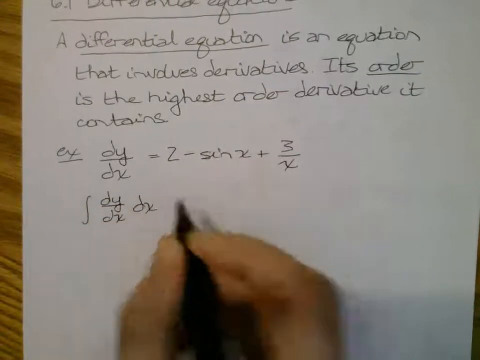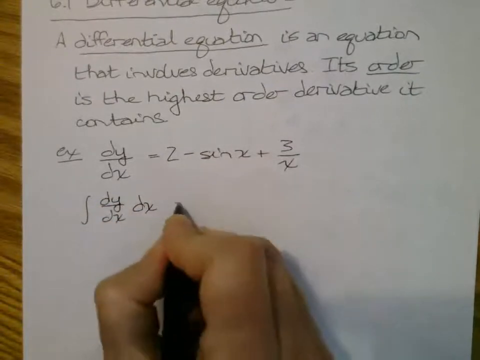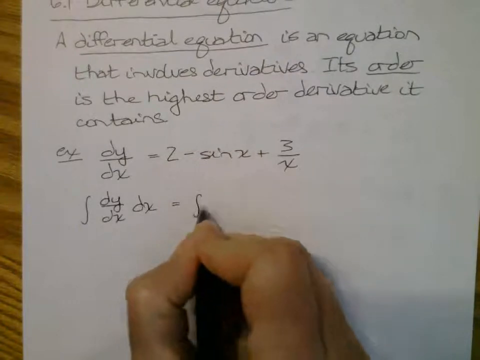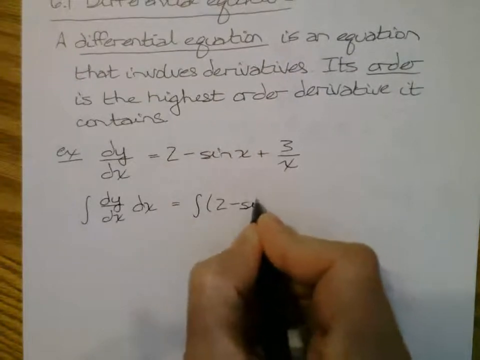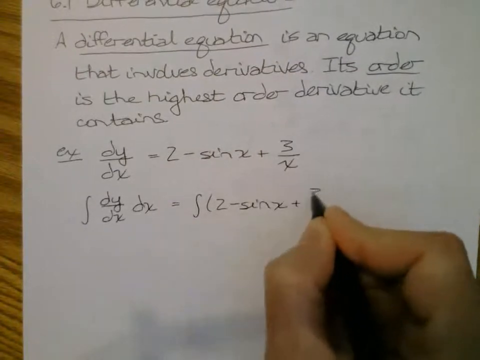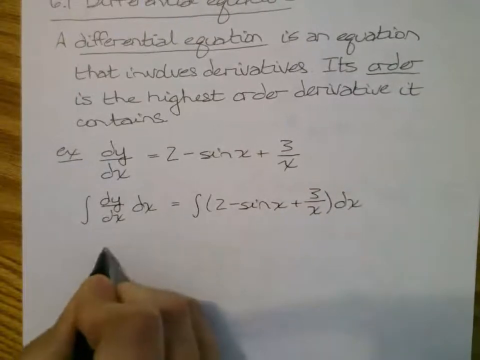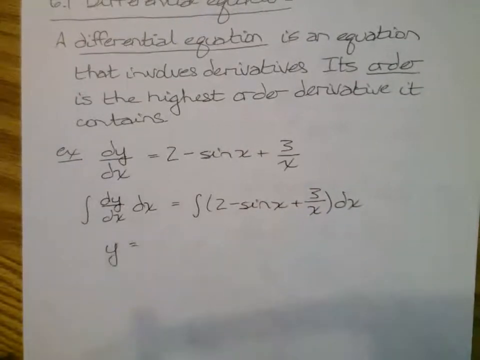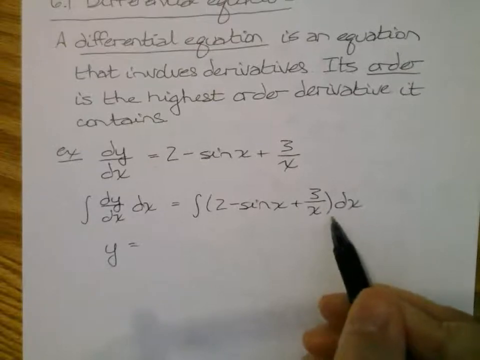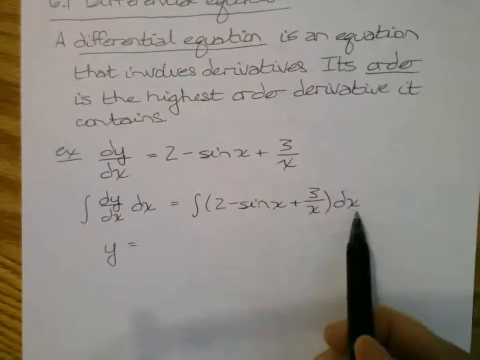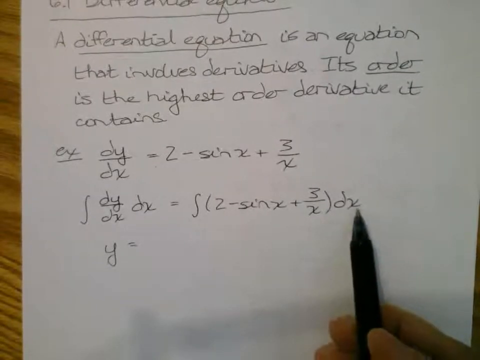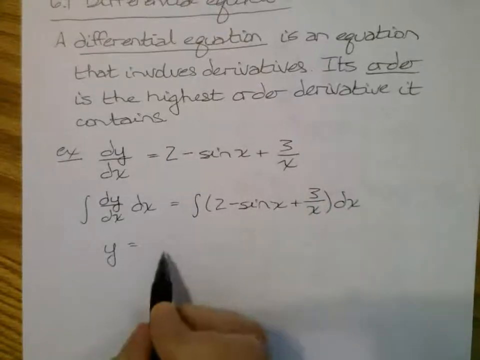We're going to integrate with respect to x because that's the variable. On the left, we get y. On the right, gee, this looks familiar. Like something we might have been doing recently. What do we get when we integrate on the right?